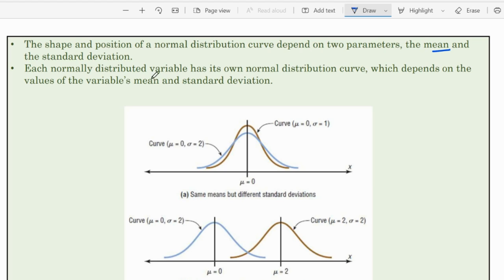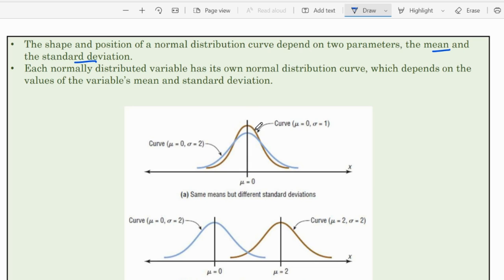The two pictures illustrate what happens if you have the same mean but different standard deviations versus different means, same standard deviations. So notice in the top picture that when two distributions have the same mean, let's pretend they're both anchored at mean equals 0, if the standard deviation is 1, we have this higher red curve.